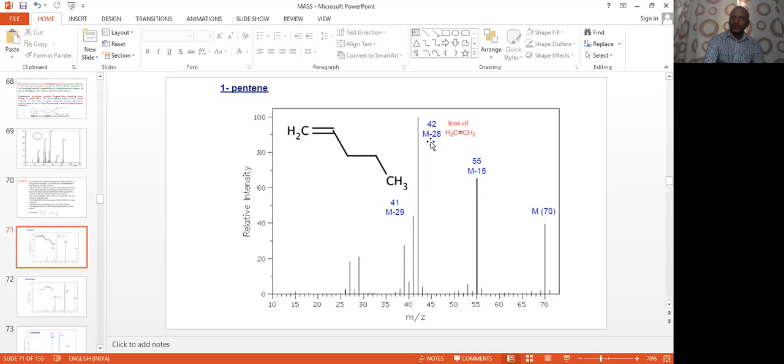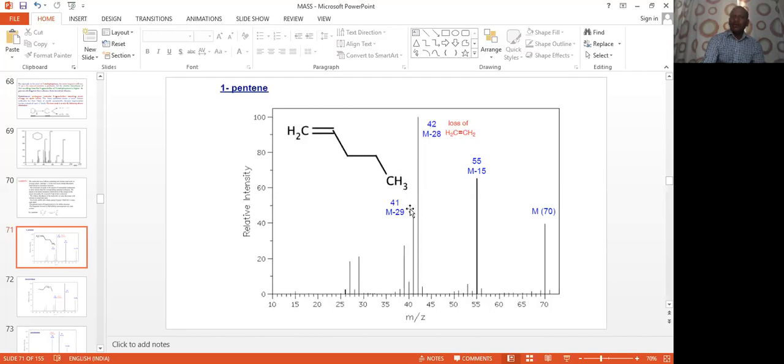Here also the allylic cation is formed, but because of the McLafferty rearrangement there is migration of one hydrogen from the gamma carbon atom. Whereas in this case, m/z value 41, there won't be any migration of hydrogen, and CH2CH3 is directly removed as a radical.